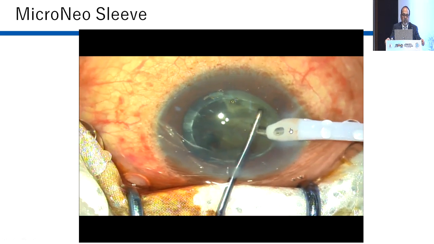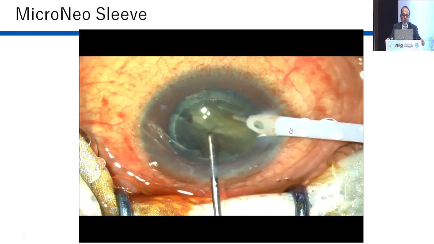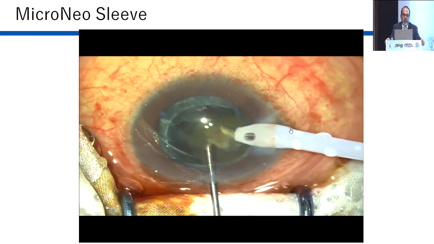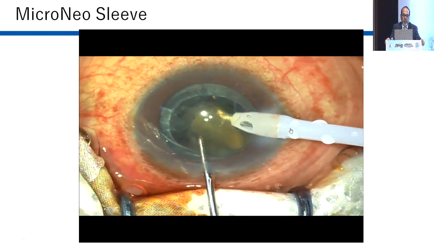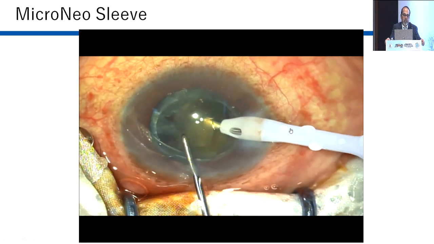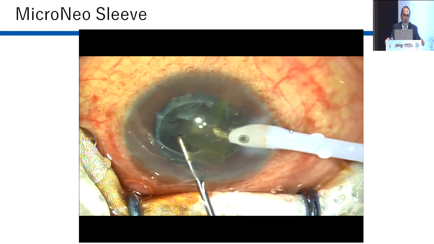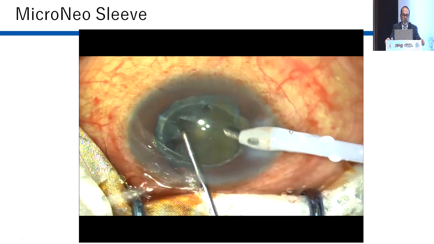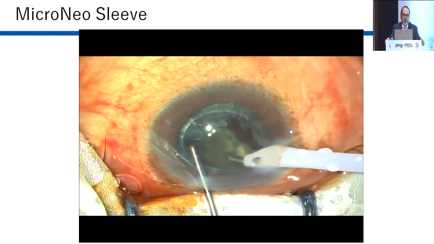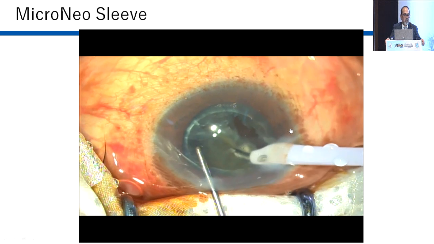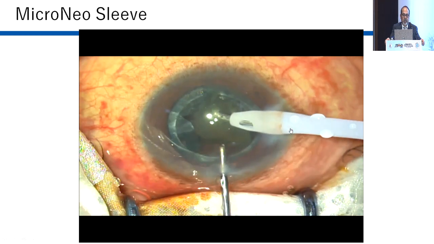It is not something we normally see, only once in a while, but this sleeve keeps the tip cool and keeps the chamber stable in all these cases. And of course, the power delivery because of the gyro tip makes emulsification of the nucleus very easy even in the hardest of cataracts.